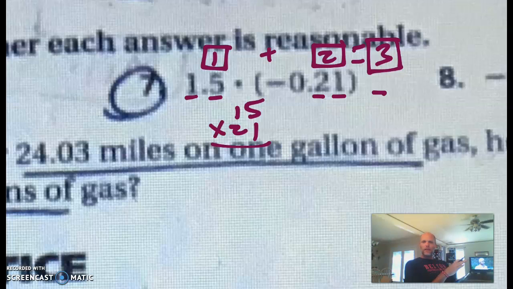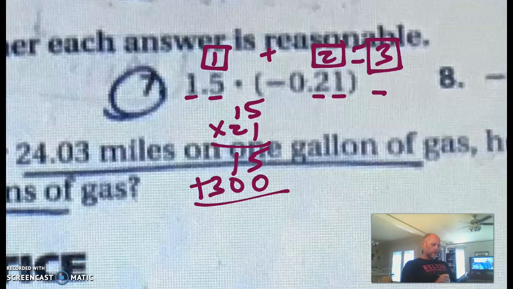So this is pretty easy. 15 times 1. So I'm multiplying this right here first. 15 times 1 is just 15. Don't forget your placeholder. You got to hold its place. And now it's just 2 times 15, which is 30. Add them up. That is 315. Remember, it is a negative.